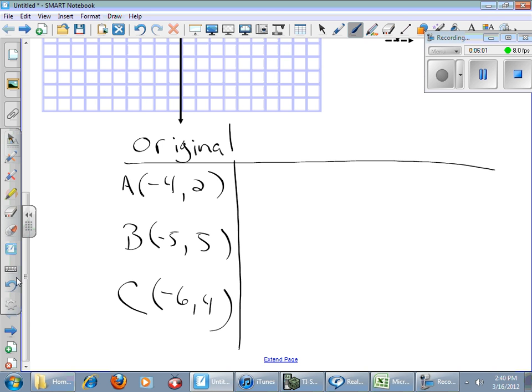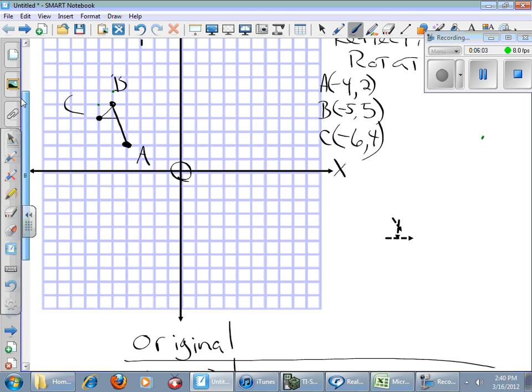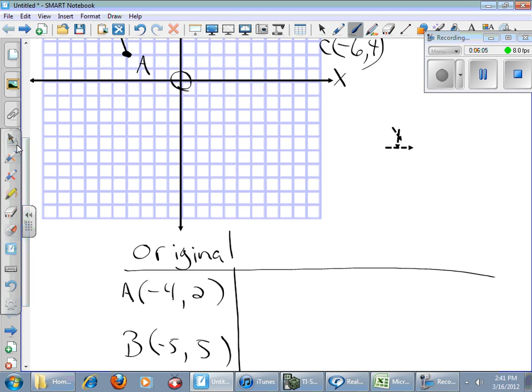I'm going to go 90 degrees counterclockwise this time. And I'm going to write myself a little note: switch X, Y, adjust the sign. Remember, I have to pay attention to which quadrant I'm in.